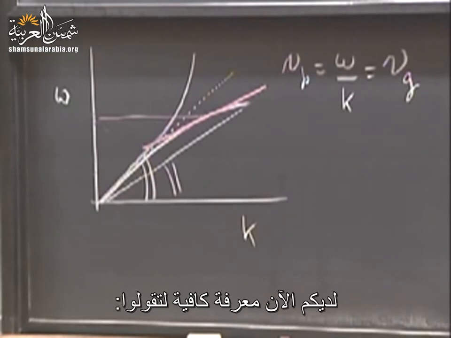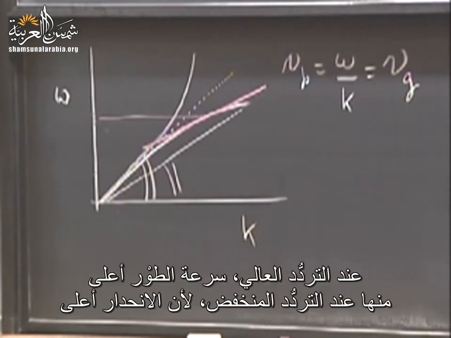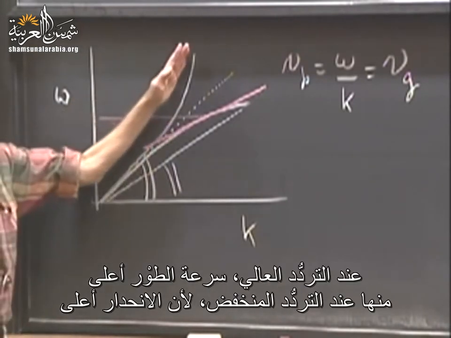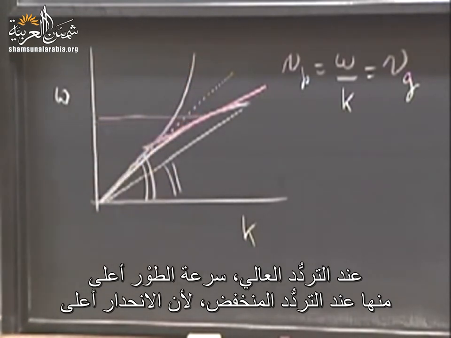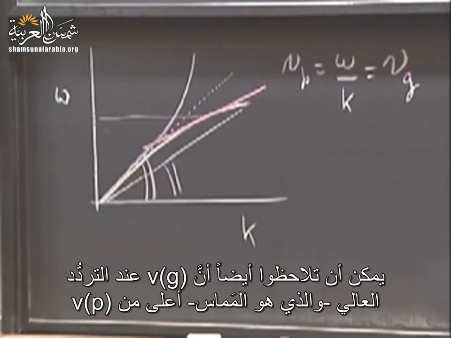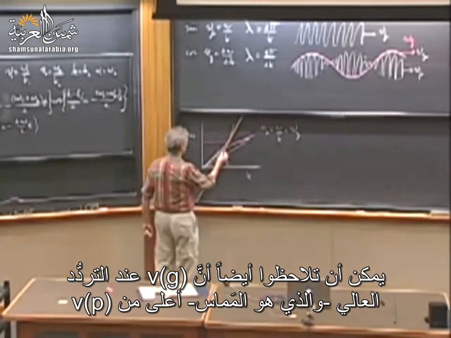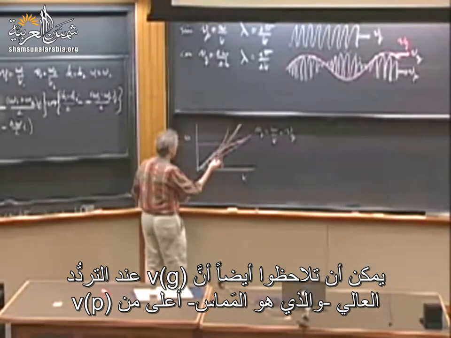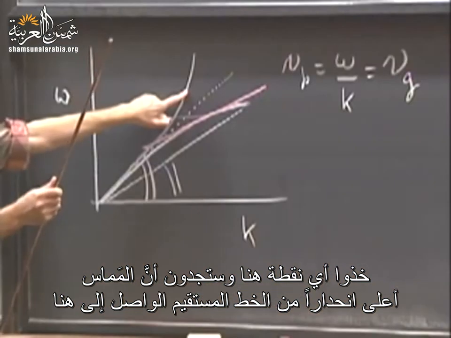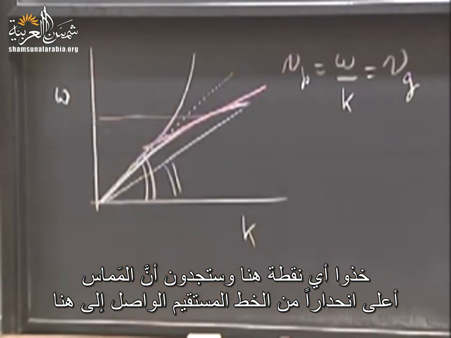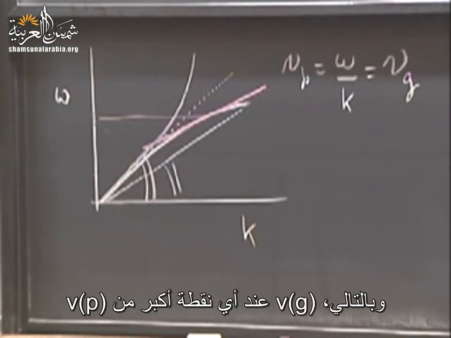So now you have enough knowledge to tell me that at high frequency the phase velocity is higher than at low frequency because the slope is higher. You also can see that the group velocity at high frequency, which is the tangent, is higher than the phase velocity. Pick any point here and you will see that the tangent has a higher slope than the line straight through here. So the group velocity at any point is larger than the phase velocity.